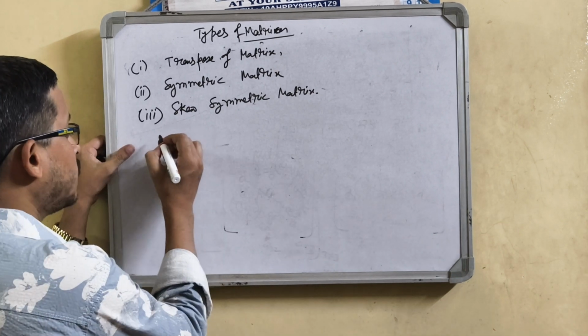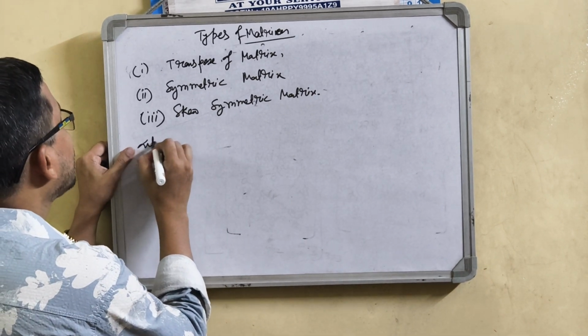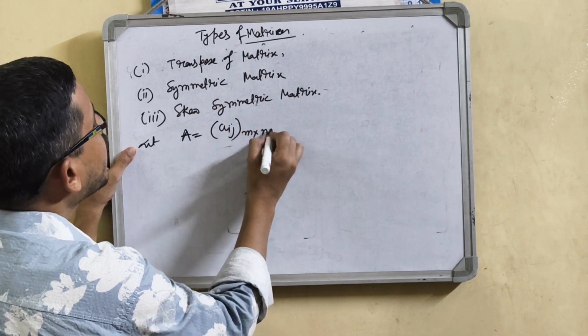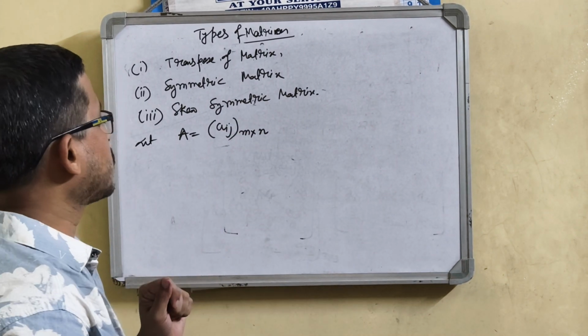Transpose of a matrix means, let A is equal to Aij of order m by n be a matrix.